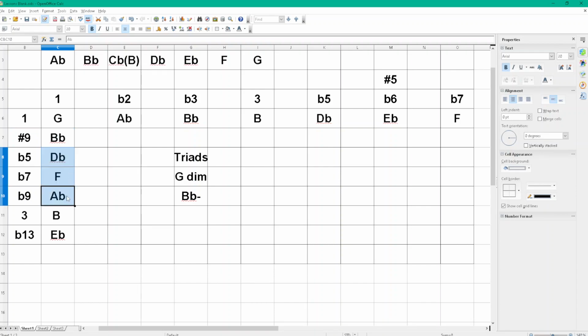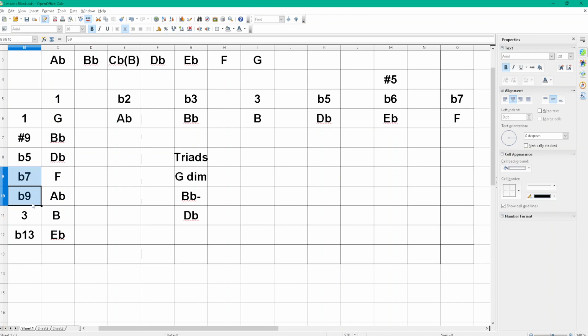D flat, F, A flat. So this is a third, from D flat to F, the relationship is a third. A flat is a fifth of D flat, so this is literally D flat major. And again, in this case, I have a flat 9 alteration, a flat 5 alteration, and the flat 7 is still a flat 7, part of the chord.